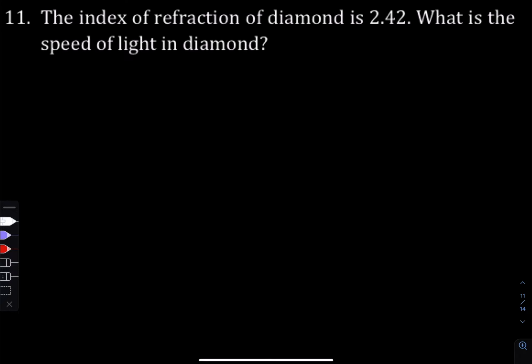Light doesn't change its frequency, but it can change its wavelength depending on what substance it is in. So the equation for this is that the index of refraction of the substance is equal to c, where c is the speed of light in a vacuum, where there's no molecules around.